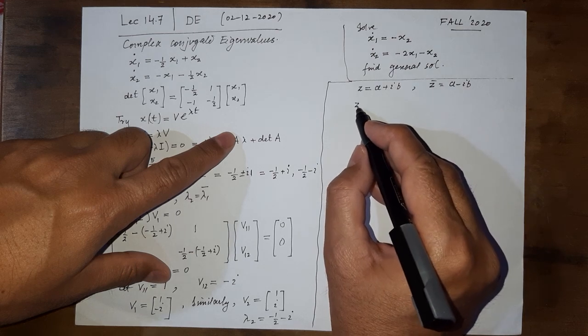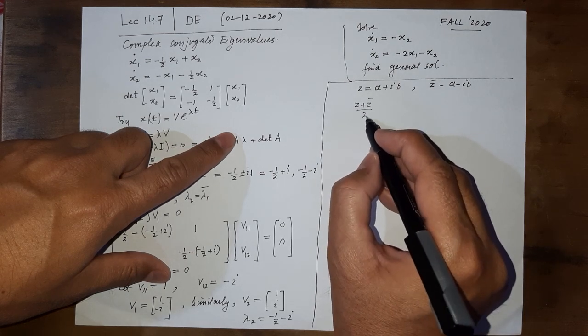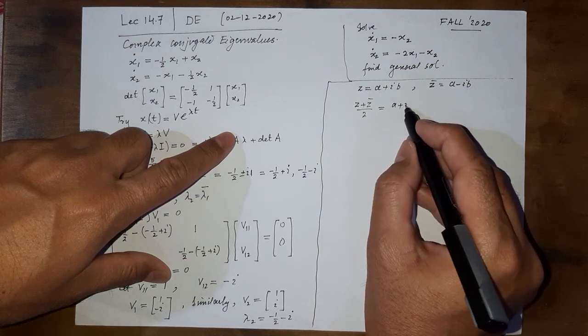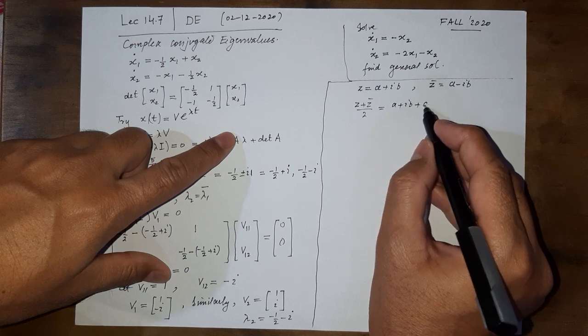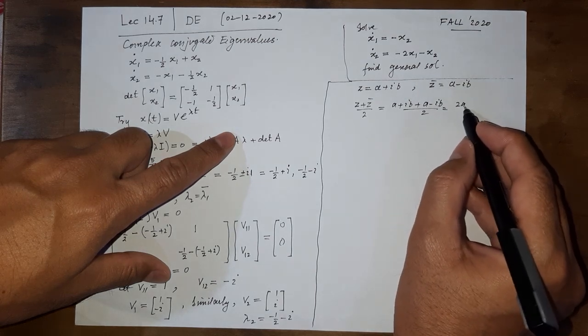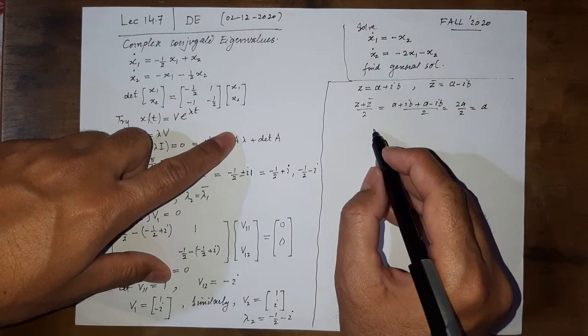Then we just add these two values, z and its conjugate, and divide by 2 to get the real value. So a plus iota b plus a minus iota b by 2 is going to give us the real value, the real part in the z.